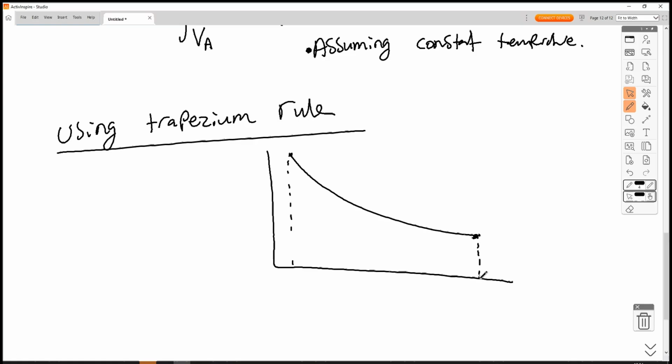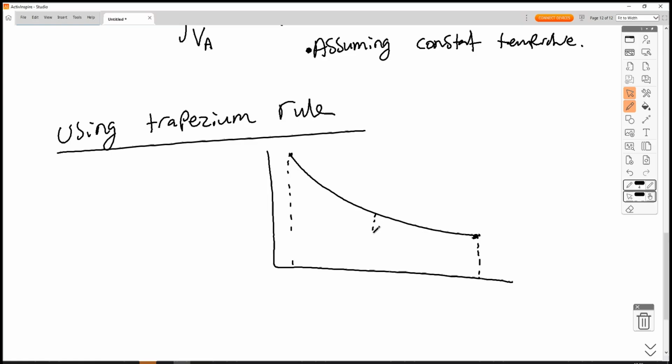Depending on how curved your line is, you might find that having only 2 strips suffices. You might need 3 or 4 or 5. So you analyze the x-axis and decide what's the most appropriate number of strips to have. If you have too many, it's going to take you too long in the exam. If you have too few, then you're going to have a massive over or underestimate depending on your curve.